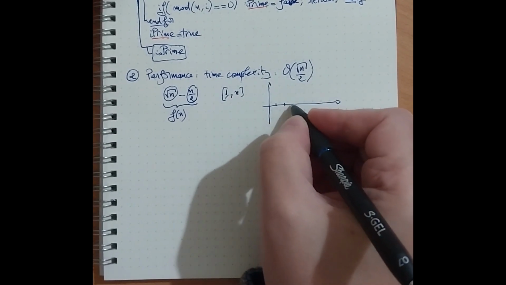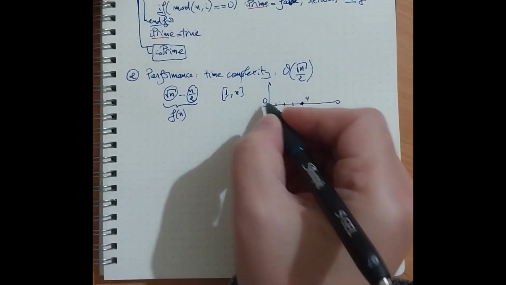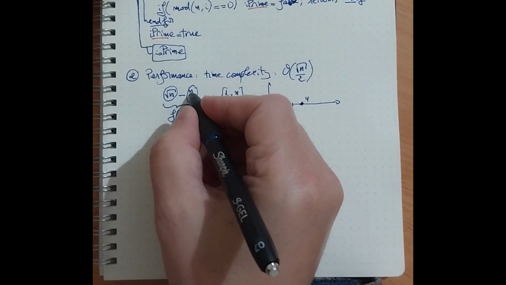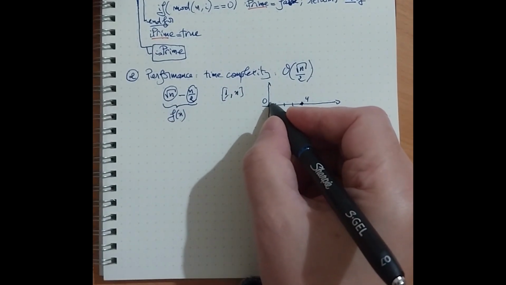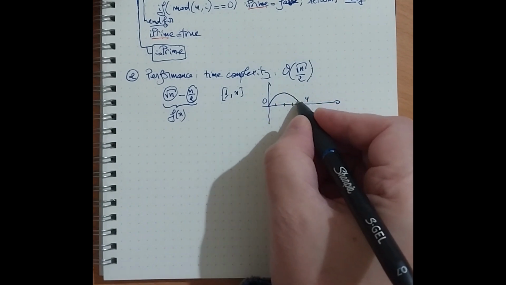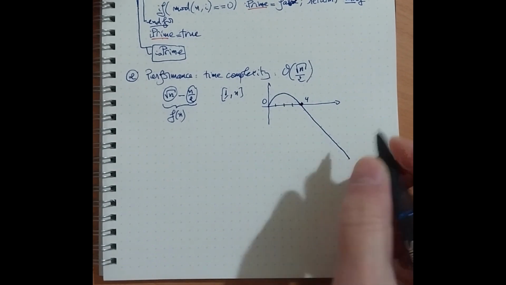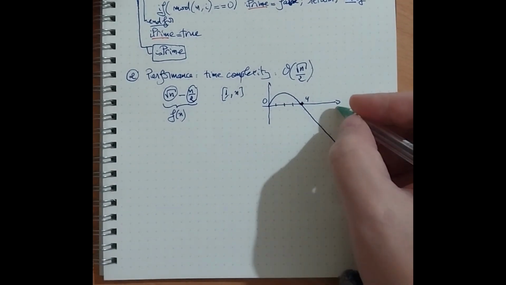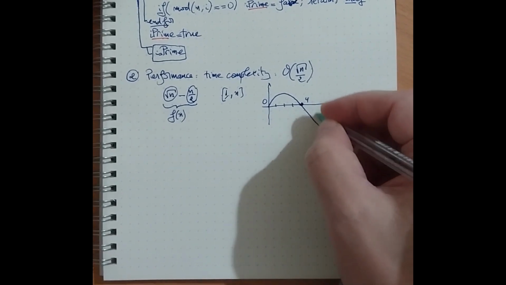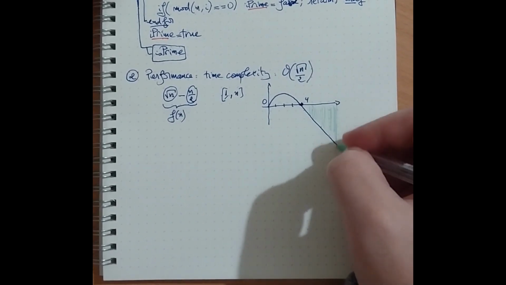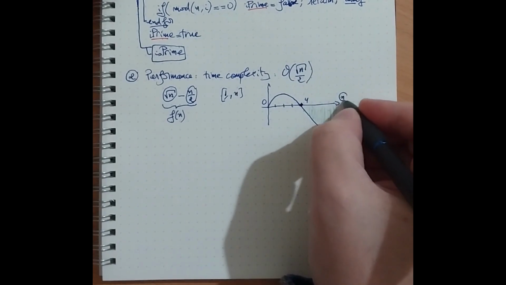This is 1, this is 2, 3, and 4. It passes by 4 and by 0. If we replace n by 4, we get 0. If we replace 0, we get 0. And we get a parabola like this. And then the difference decreases parabolically, becoming very small. This is n.